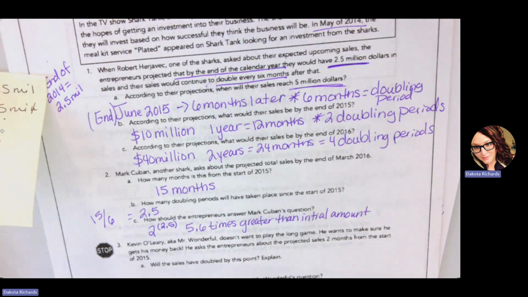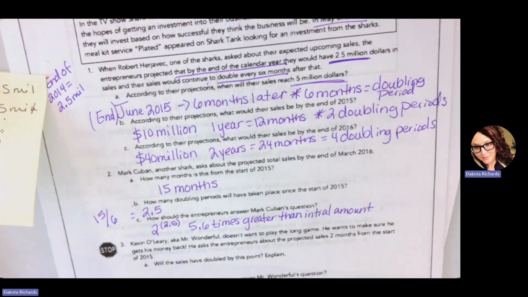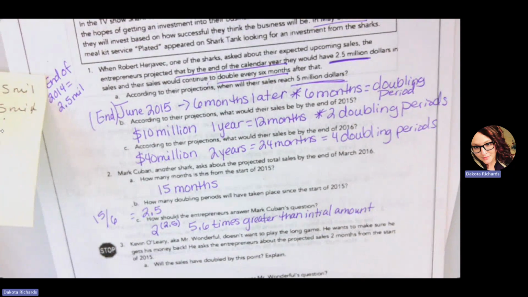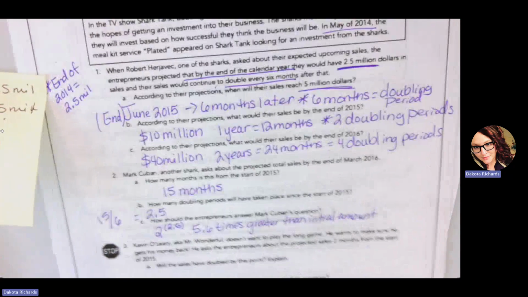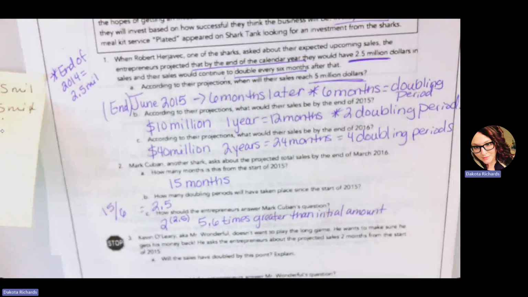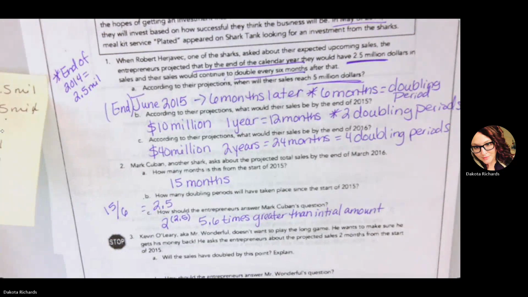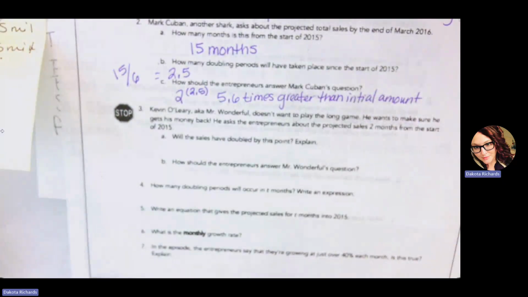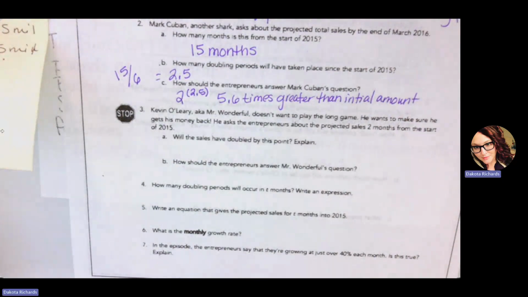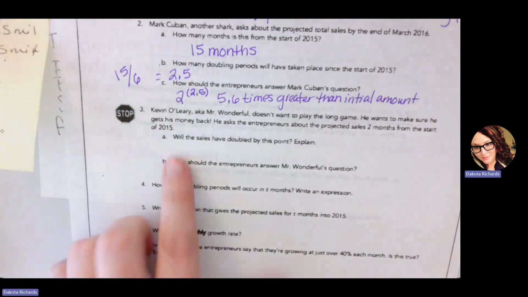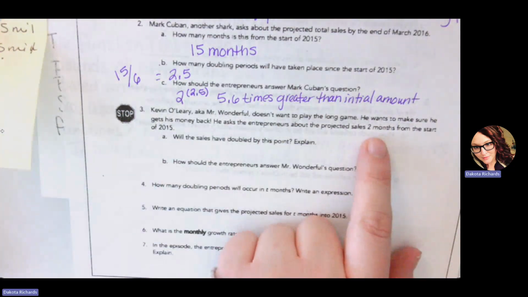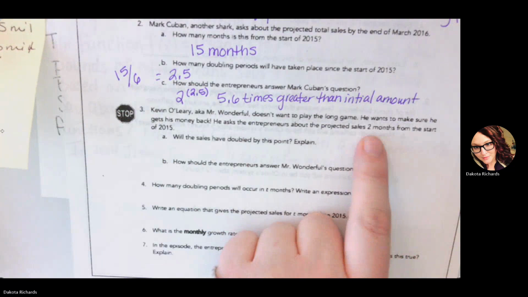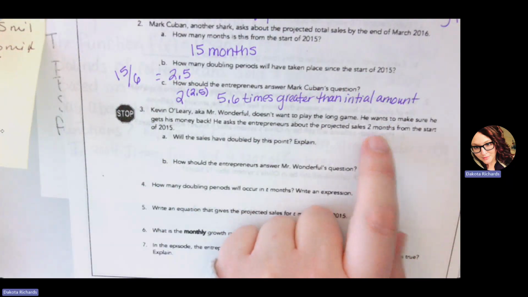Okay, Kevin O'Leary, aka Mr. Wonderful, doesn't want to play the long game. He wants to make sure he gets his money back. He asks the entrepreneurs about the projected sales 2 months from the start of 2015. Question A, will the sales have doubled at this point? Explain. Well, what is our doubling period? 6 months. How would that compare to 2 months?